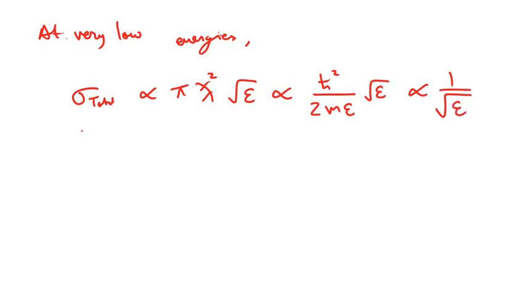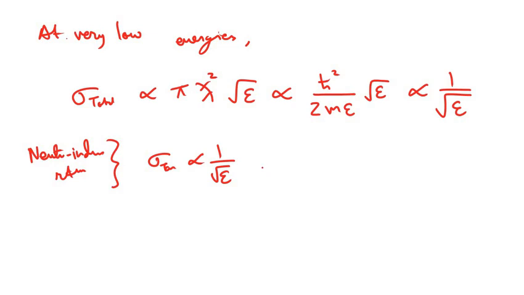Now, such behavior of the cross section for neutron induced reactions at very low energies, sigma total proportional to 1 by v, is known as 1 by v behavior.